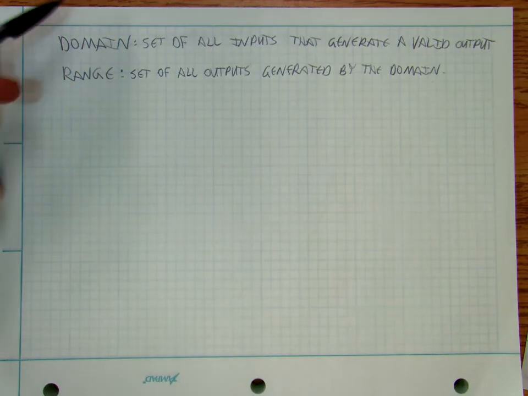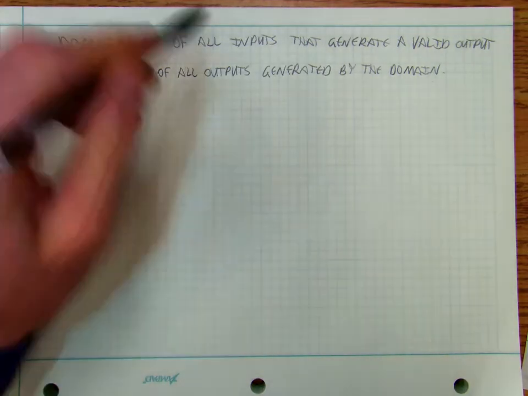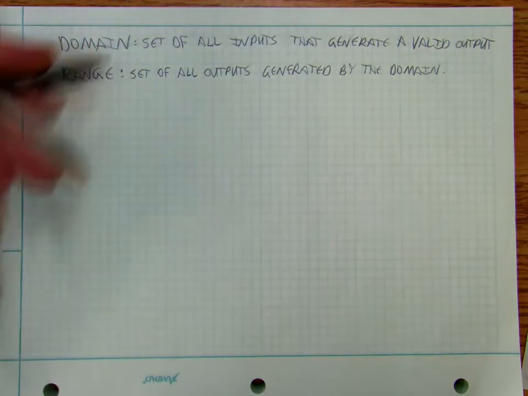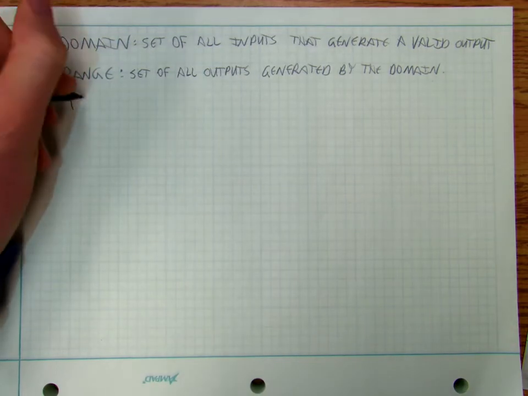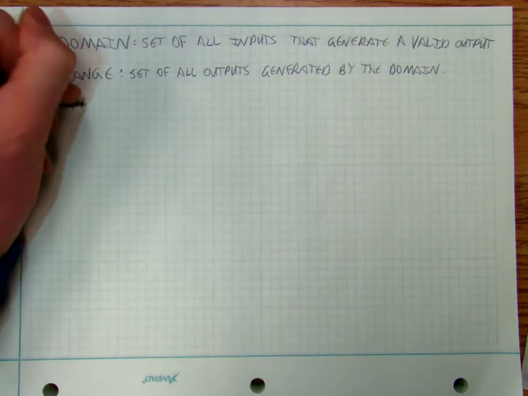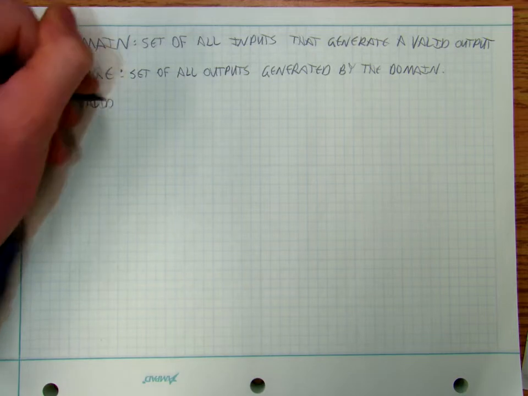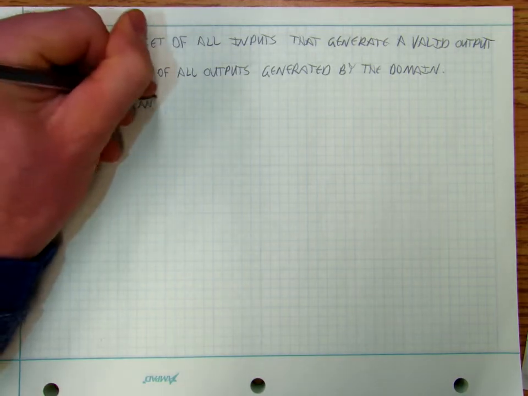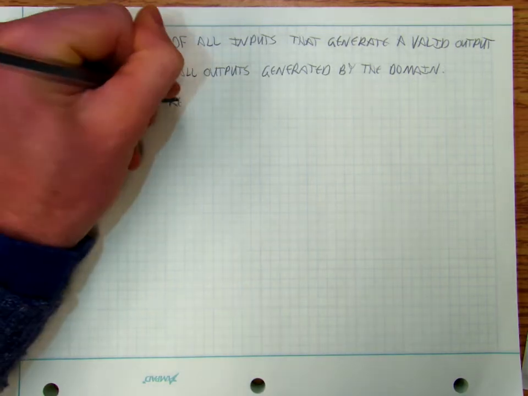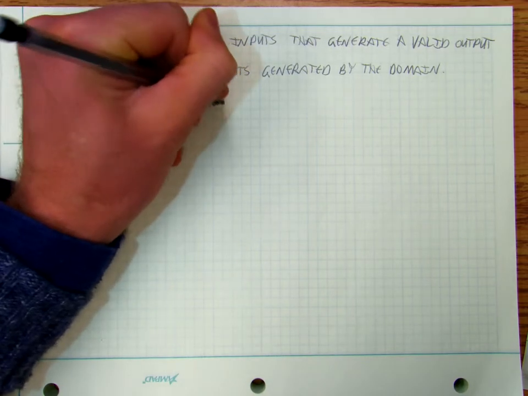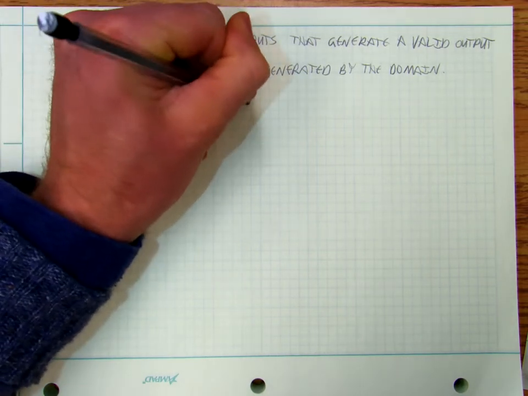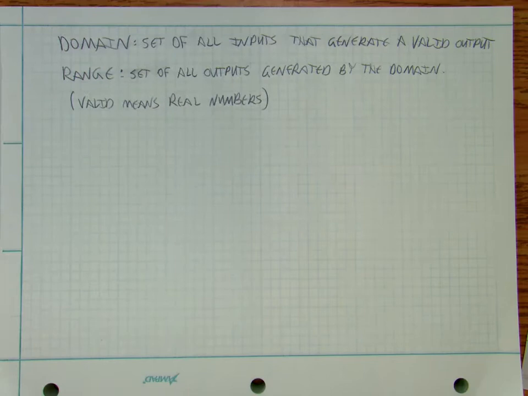So basically you put numbers in and you get numbers out. And by valid, in this case, for what we're going to talk about, valid means real numbers. That's just the definition that I'm going to use.